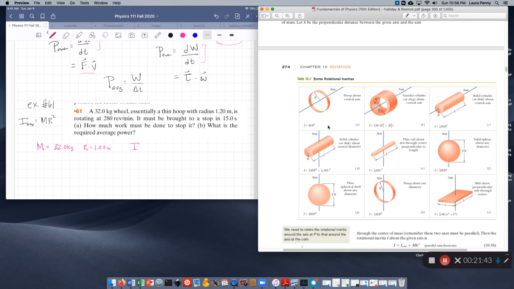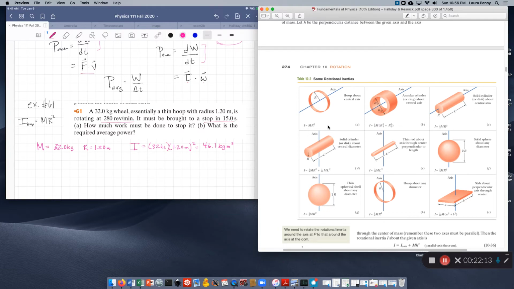The moment of inertia here is going to be our 32 kilograms times the 1.2 meters squared. That comes out to be 46.1 kilogram meter squared.